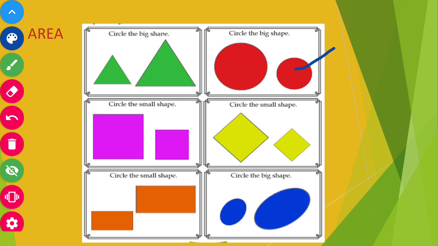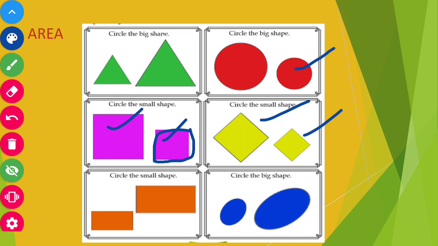Now coming to squares, which square has the smaller area? This is a big square, this is a small square. Obviously the small square will have the smaller area, isn't it? Can you see this shape? In this shape also, which shape has the smaller area?